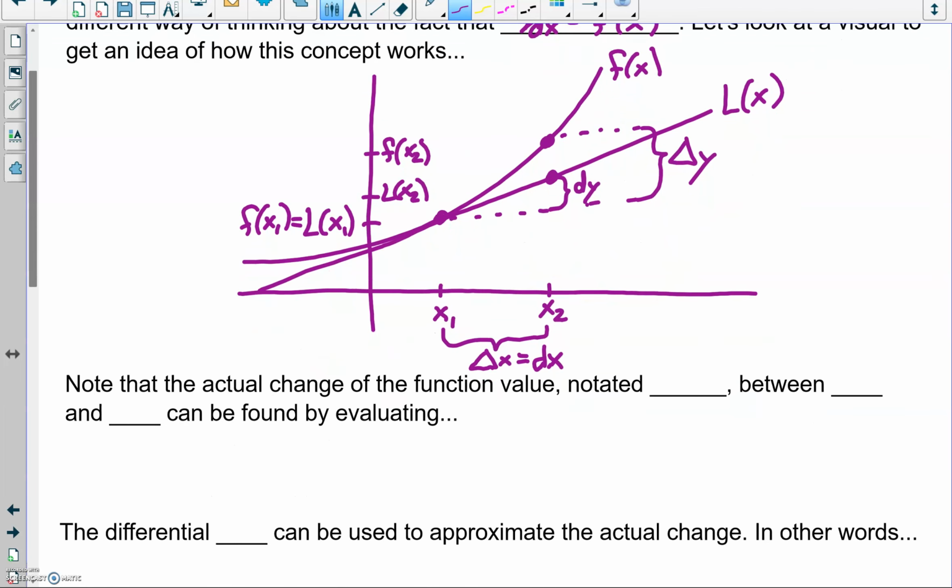So what we're going to see here then, the actual change of the function value, notated as this delta y, between x1 and x2, can be found by just evaluating the change in the function values. And the first function value we would have is, or I should say the second technically, because you want to do the bigger one minus the smaller one, but we would do this f of x plus delta x.